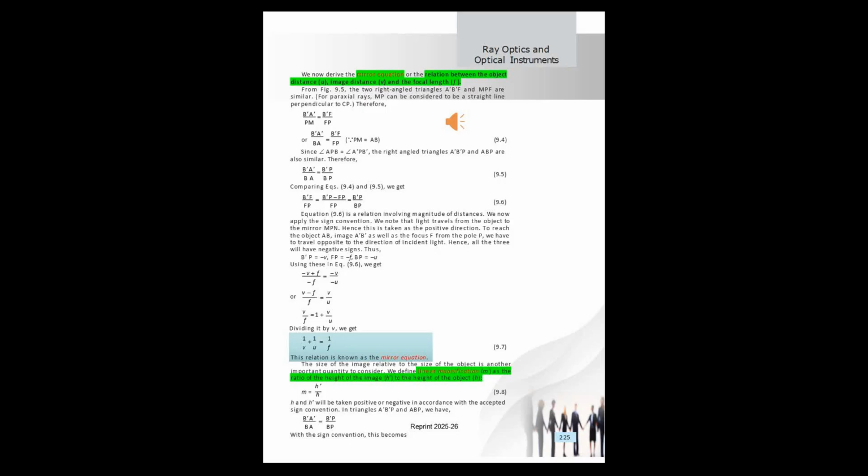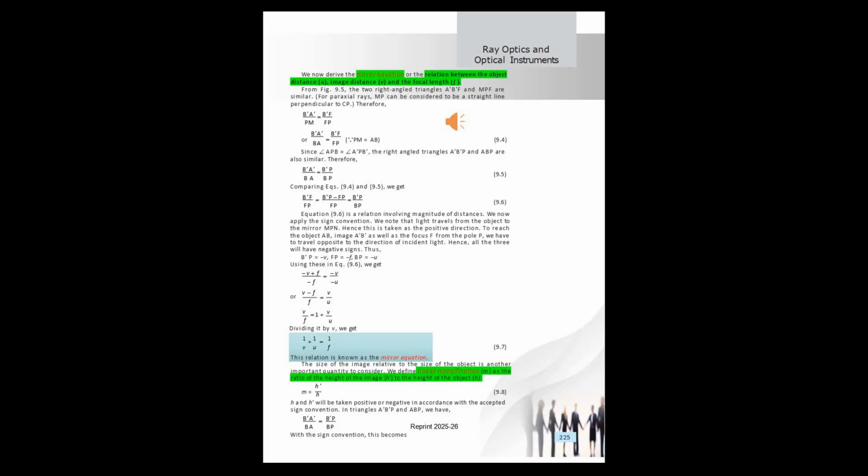Therefore, B'A' by PM equals B'F by FC, or B'A' by BA is equal to B'F by FC, because PM is equal to AB. Since the angle APB is equal to angle A'PB', the right angle triangles A'B'P and ABP are also similar.